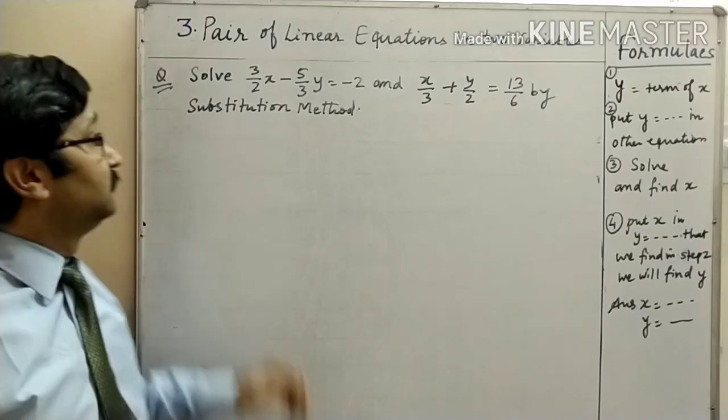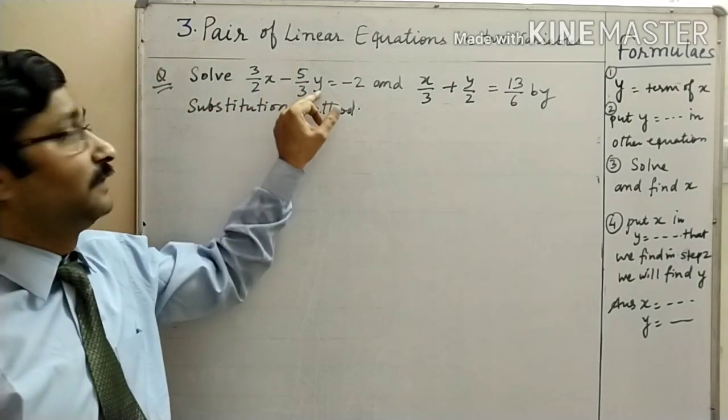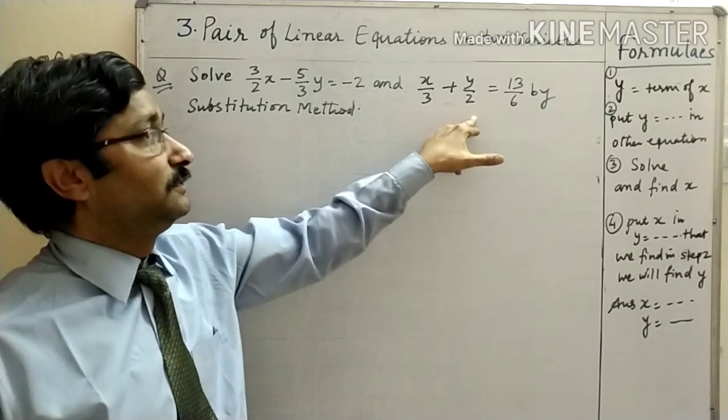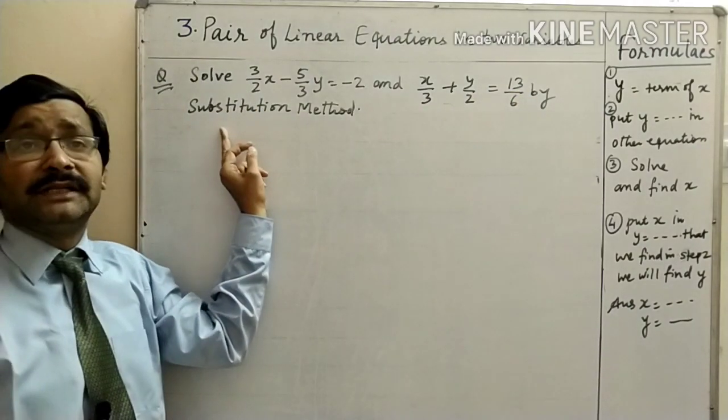Look here, students, we have to solve 3/2 x minus 5/3 y equal to minus 2 and x/3 plus y/2 equal to 13/6 by the substitution method.